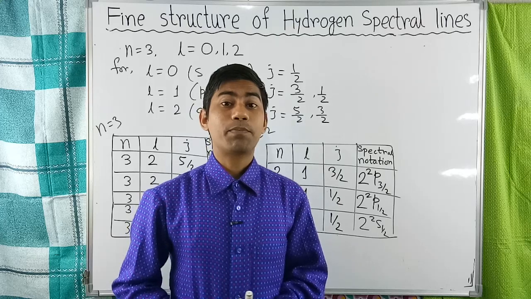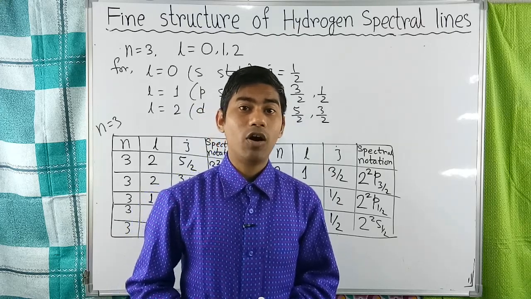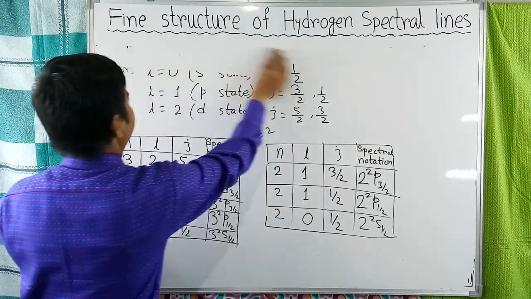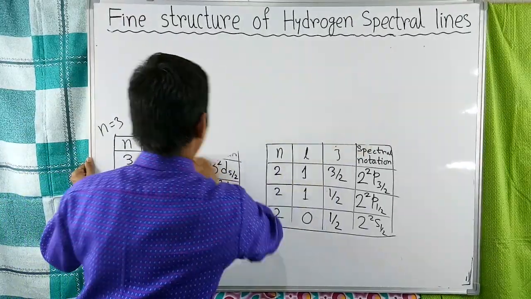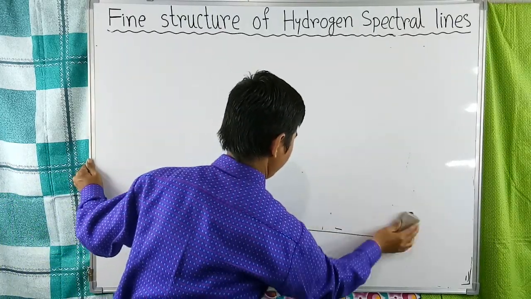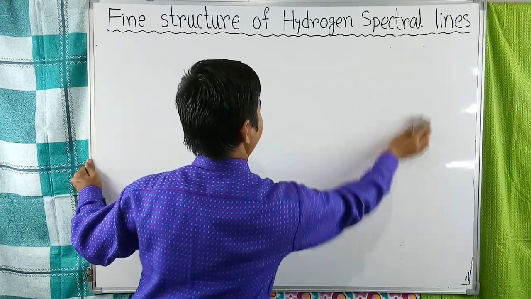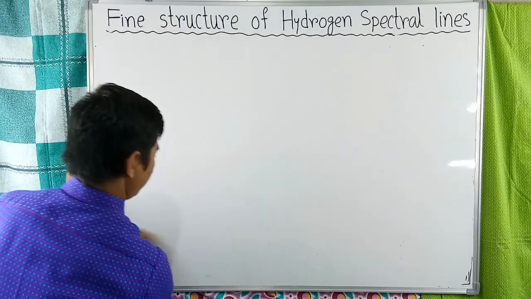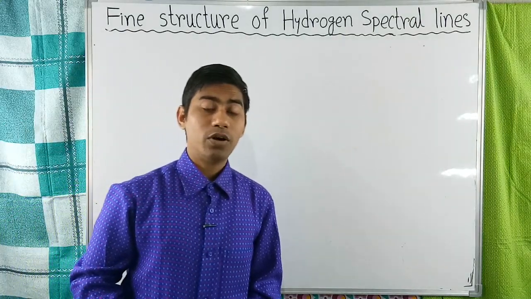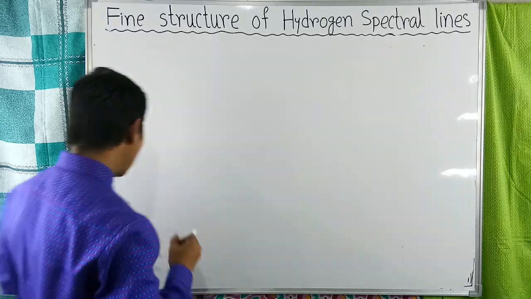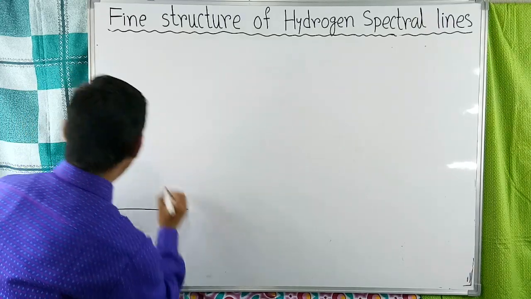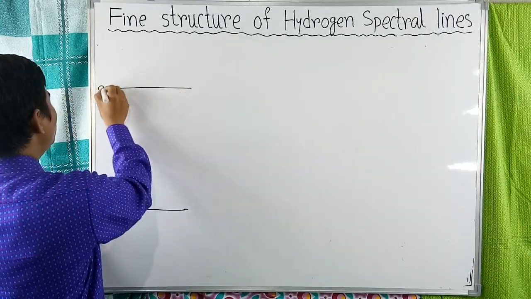Now we draw the spectral lines for the H alpha line of the hydrogen spectrum. Suppose this is the n equals 2 level and this is the n equals 3 level.